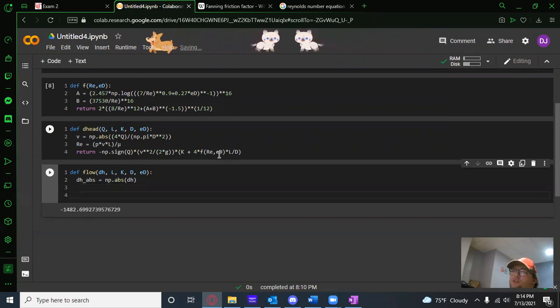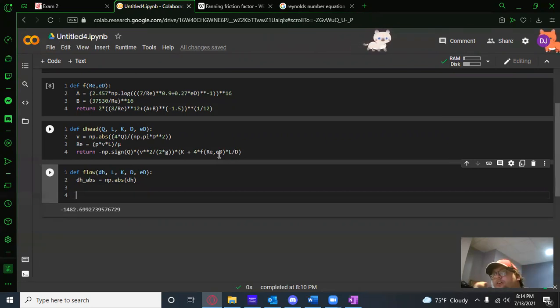Now we're going to plug this into our Newton solver. Now with the Newton solver, the smaller the value gets, the harder it is for it to converge. So I believe the cutoff for it is 1e to the negative 10th.